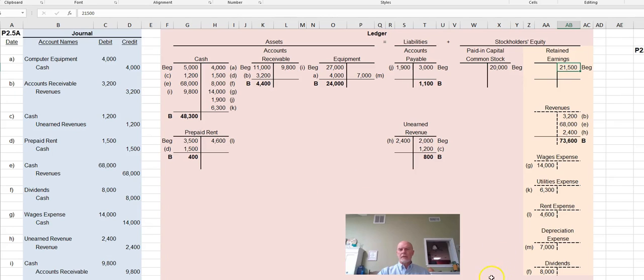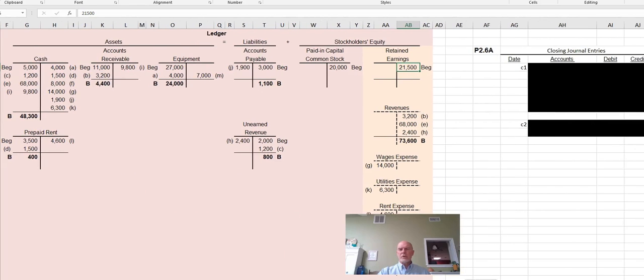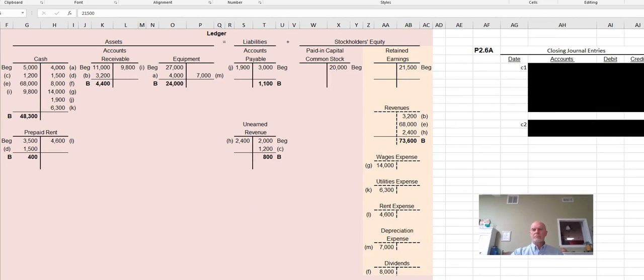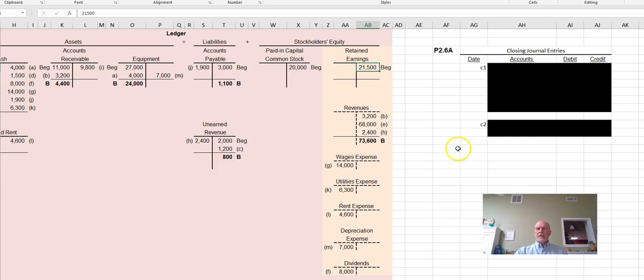So here's how that works. Our closing entry, I'm just kind of moving theoretically, this is the bottom of the journal. After our transactions, we're just skipping a few lines down and we're going to make closing entries.